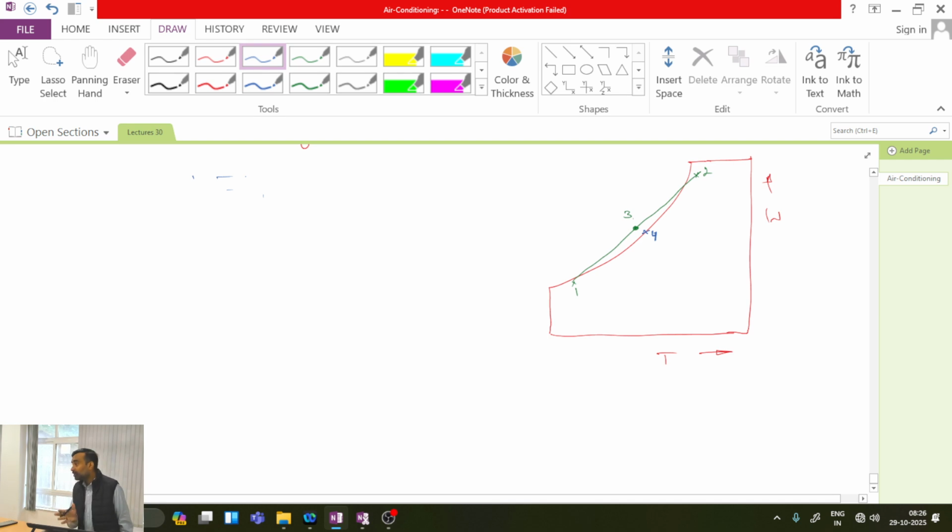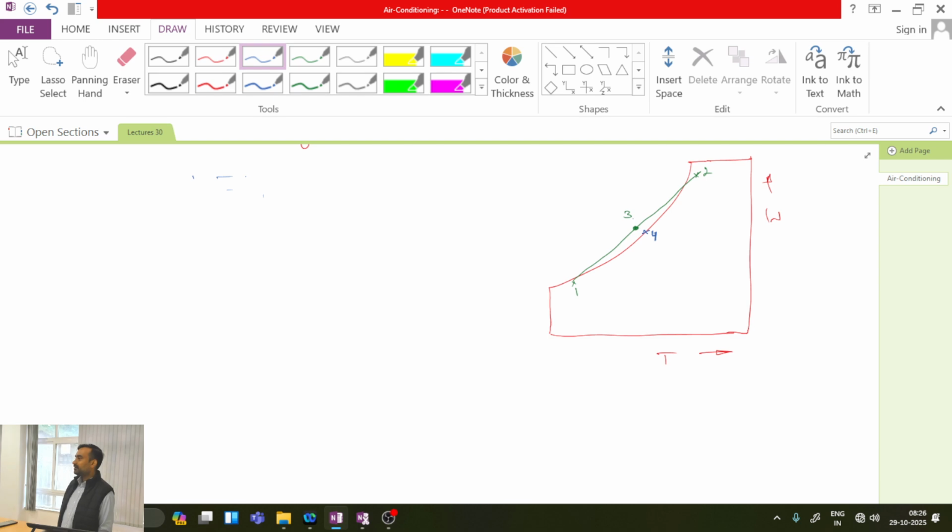But the water mass is more than the mass which can be handled by that air. So what will be happening? Some amount of water will now be present in the moist air in the form of very fine liquid droplets, which are nothing but the fog droplets. All are clear with this point?